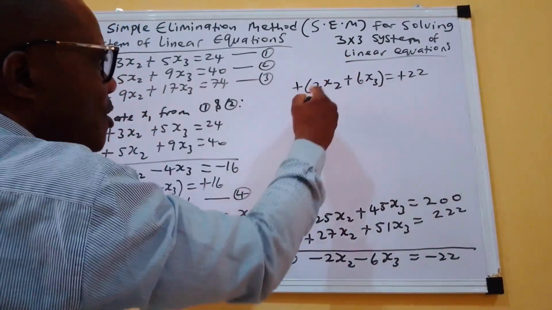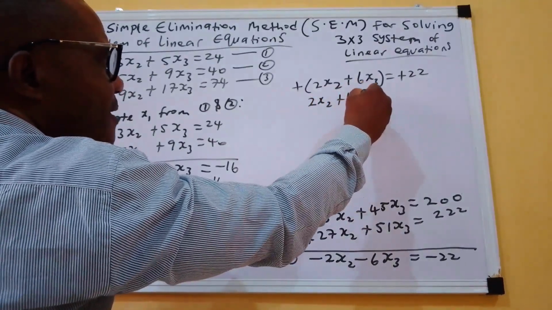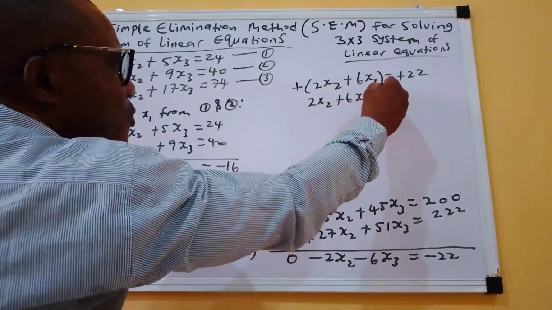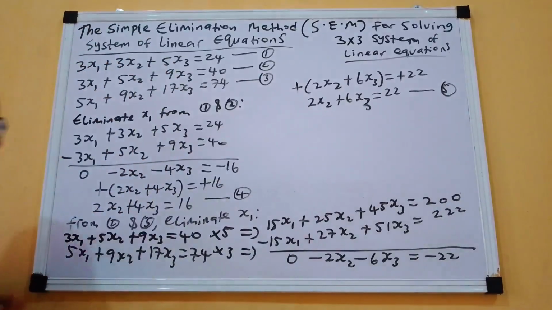Minus will cancel out, so you are now going to have 2x2 plus 6x3 is equal to 22. Call this equation 5. So you can see how we have been able to carry this out effectively.